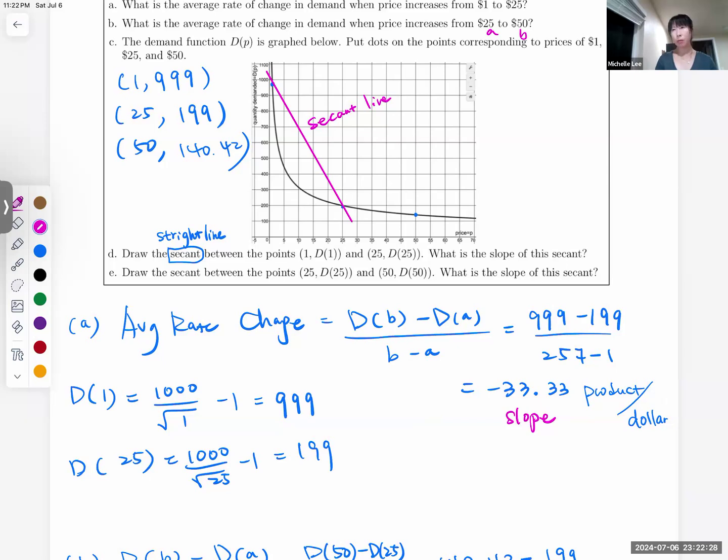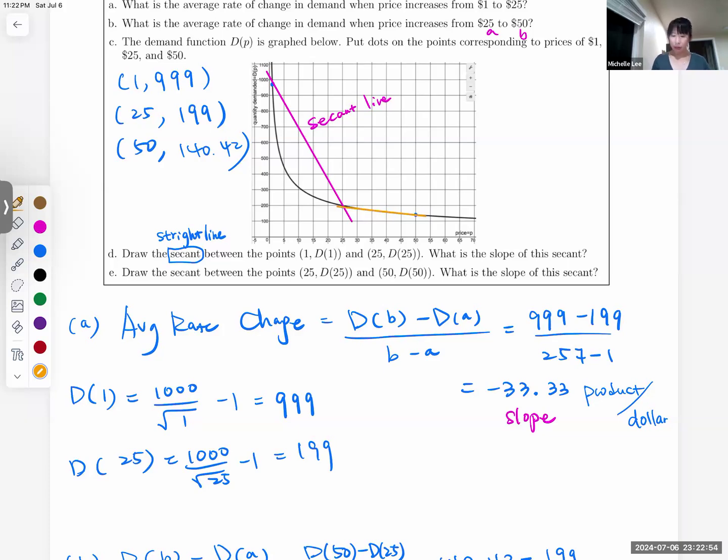Yeah. Okay, now the last one, draw secant between 25 and D of 25 and 50, right? So let me draw here. This one. The orange color, can you see?